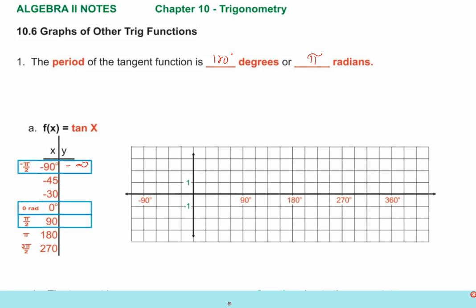Punch in negative 45, hit the tangent button. Do we get negative 1? All right, punch in 30, hit the tangent button, and negative 0.5774.